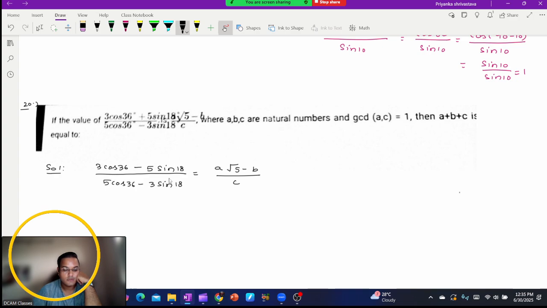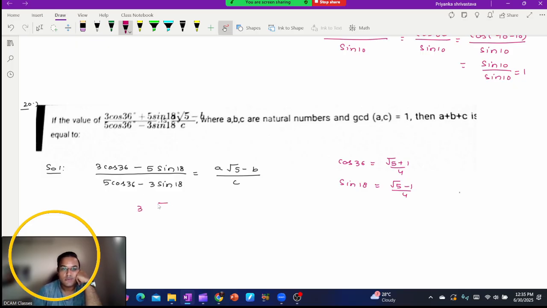Then how to solve this one? I think we have to put the values of sin 18 and cos 36 here. Cos 36 value is equal to root 5 plus 1 by 4. Sin 18 value is root 5 minus 1 by 4. Those values you have to substitute here.